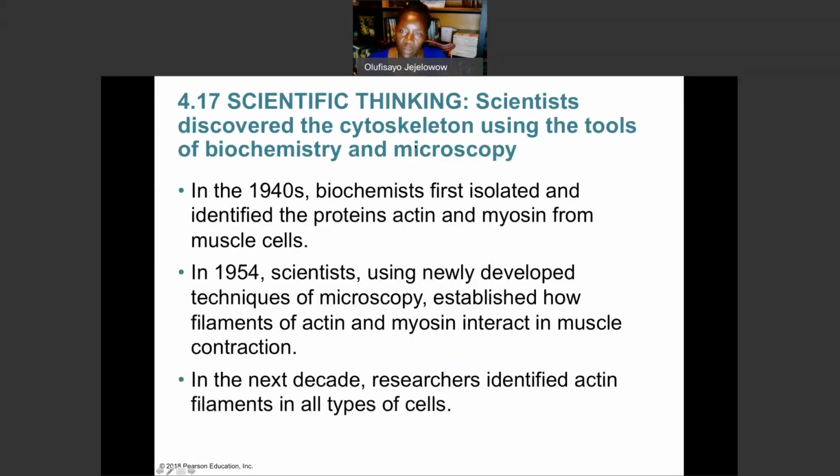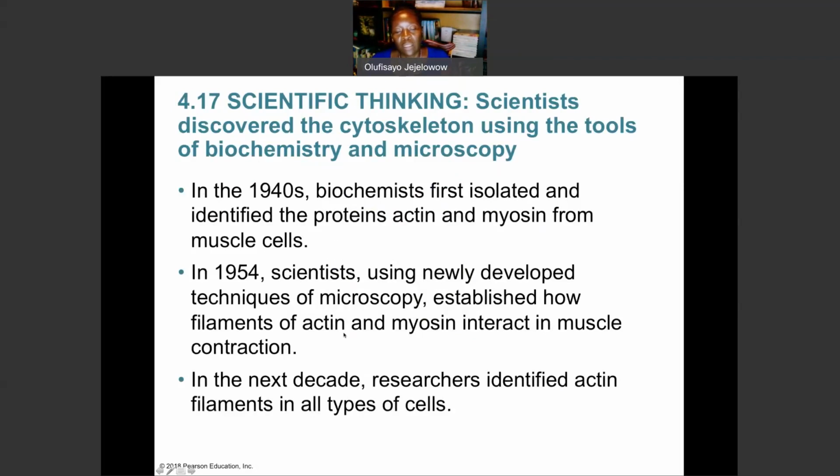So scientists discovered the cytoskeleton using the tools of biochemistry and microscopy. In the 1940s, biochemists first isolated the proteins actin and myosin from muscle cells. And using the newly developed techniques of electron microscopy, scientists established how filaments of actin and myosin interact in muscle cells during muscle contraction.